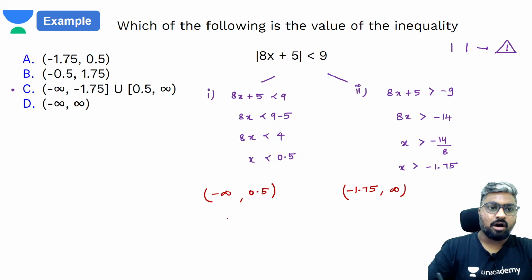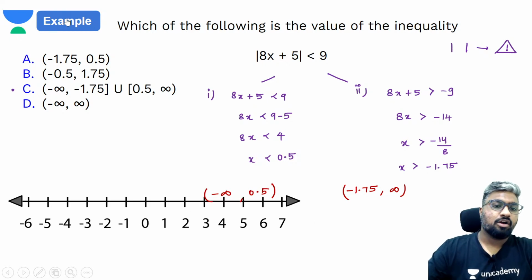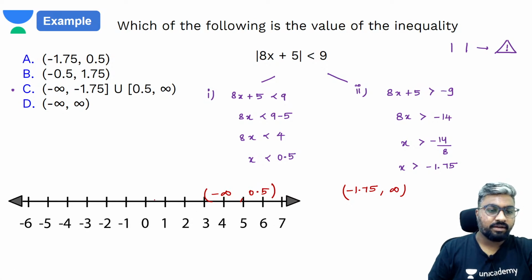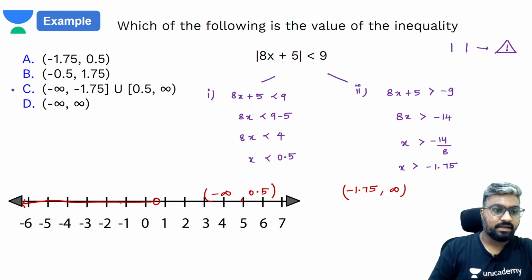Yes, so what is common between them? If you want to find out common between them, you can put them on a number line. Yes, minus infinity to 0.5. So 0.5 is here all the way from minus infinity. And minus 1.75 comma infinity will be what?